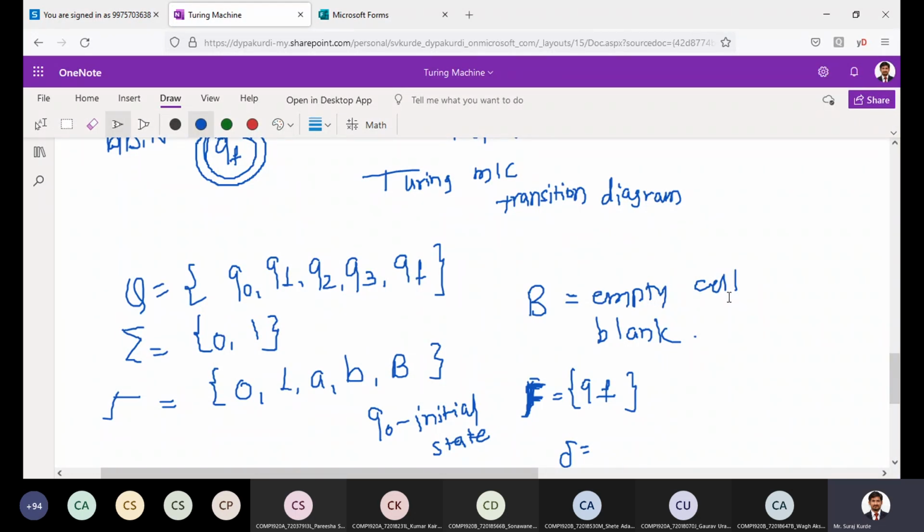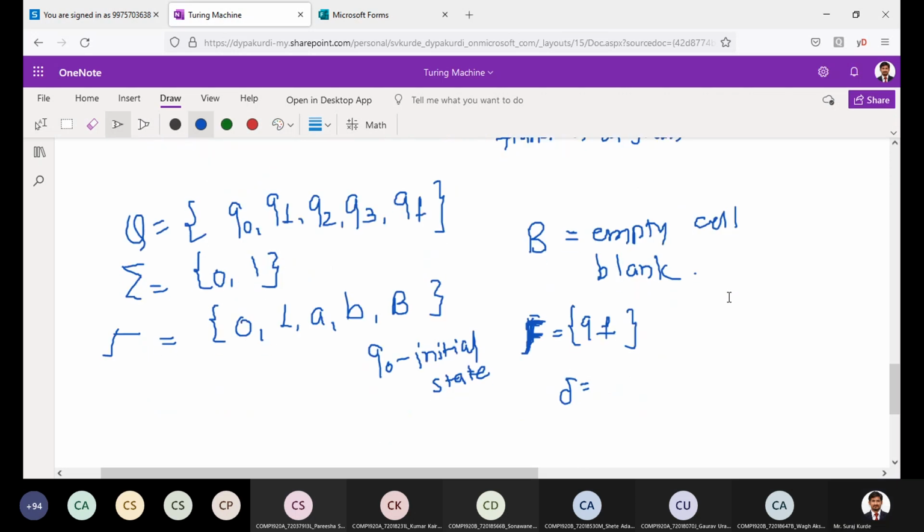That will become your complete answer. Only drawing the diagram or just showing the transition function is not sufficient. Clear?